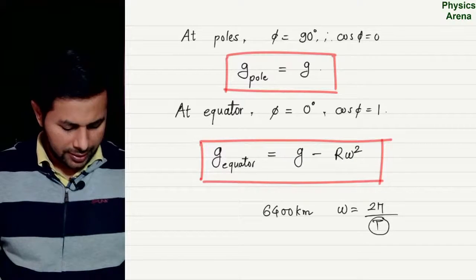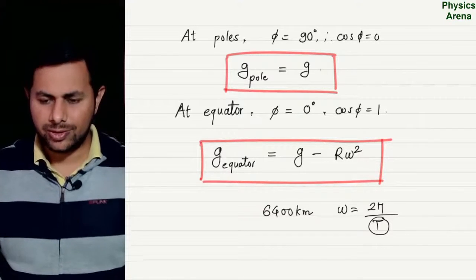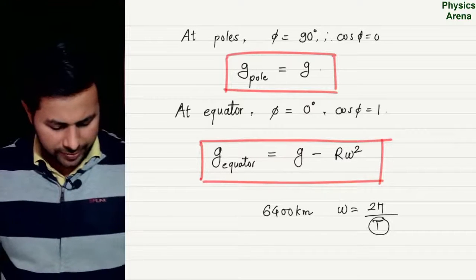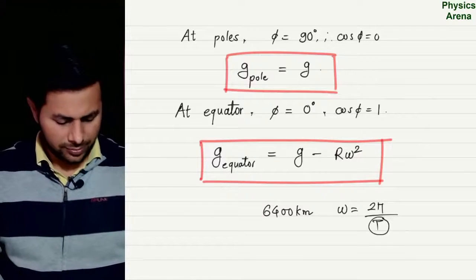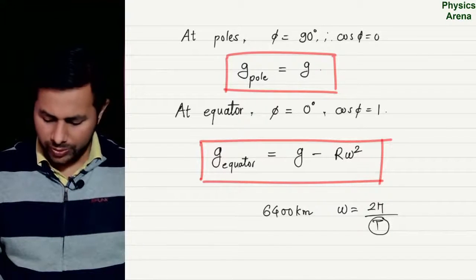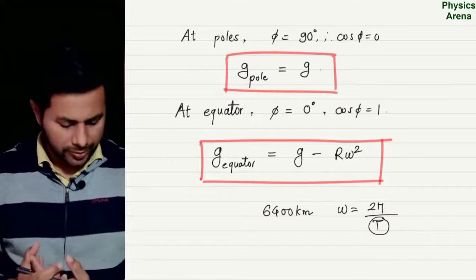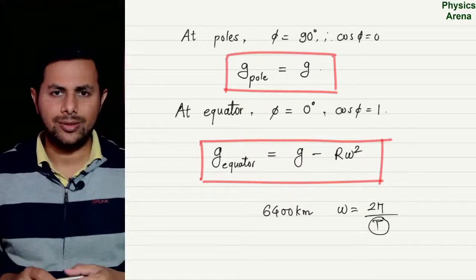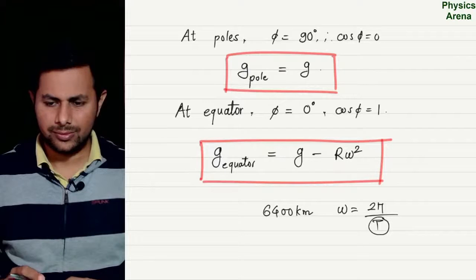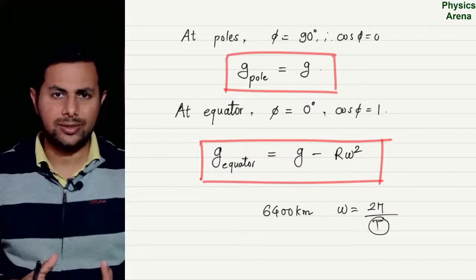Can we take it at an instant using instantaneous formula? No, I couldn't get this, Naresh. What do you mean by this? Instantaneous formula for omega. So for Earth, how will you define the instantaneous formula? We only know that time period is 24 hours.